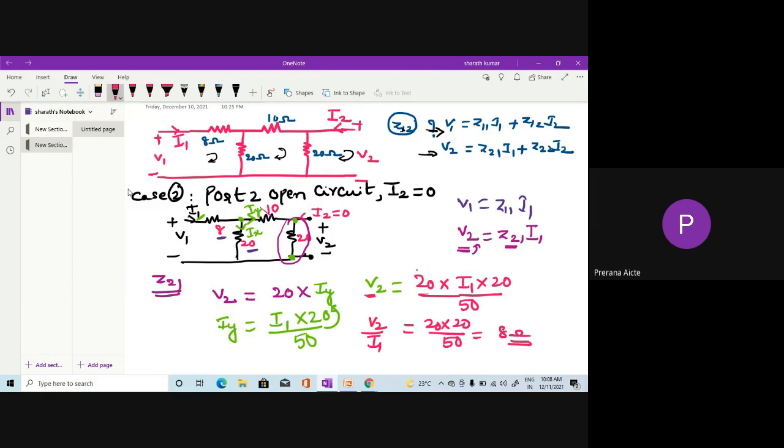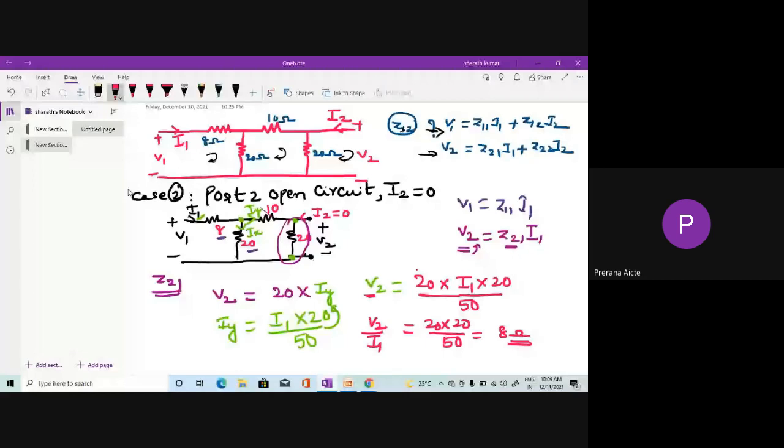If you have enough knowledge of current division and voltage division, the answer is available within a fraction of a minute. For the sake of the class only, we are taking this much time. But if you practice these methods for circuits, you will get the answer within 1 minute.